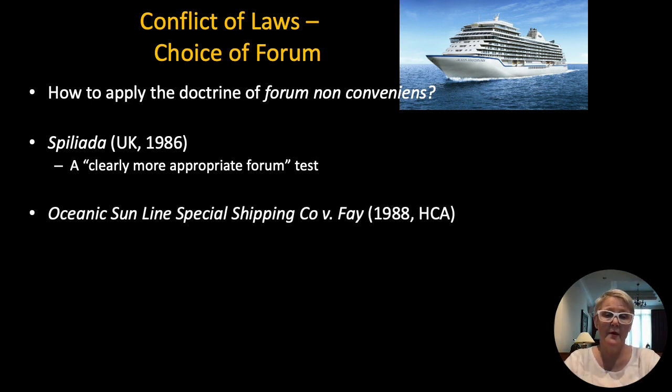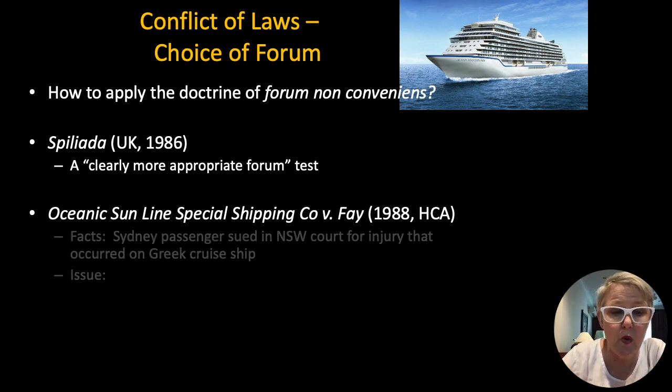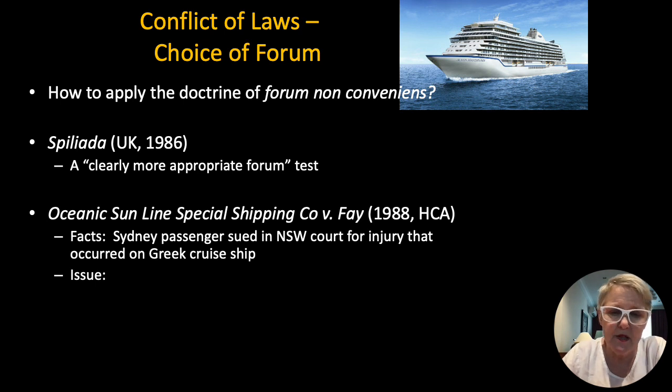And this was processed in much more detail in Oceanic Sunline and Fay, a case that you will probably remember from contract law. Basically, some passengers from Sydney sued in New South Wales for injury that they incurred on a Greek cruise ship. We look at it in contract law from the point of view of where was the contract made, because there was kind of a piece of paper at the beginning, a receipt, and you went and exchanged that in Greece for a ticket.